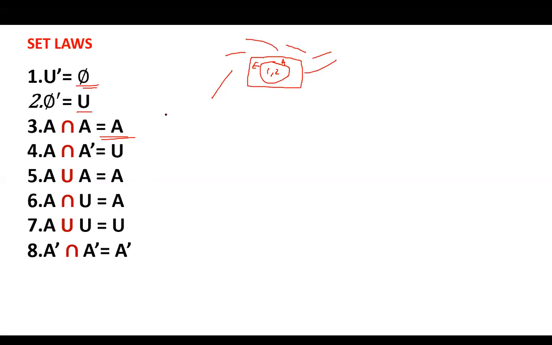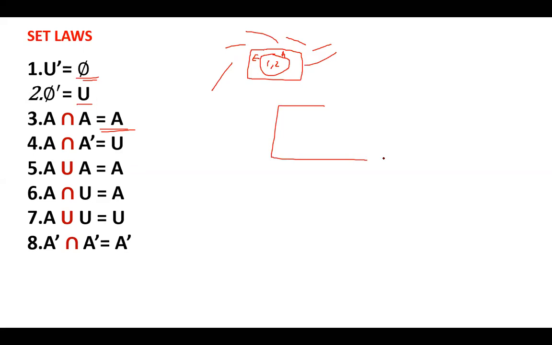How is it possible to find the universal set after finding the complement of A and the intersection of A and A complement? Look at this. This is set A, and then you have the universal set there. If this is set A, and you have elements 1 and 2, and then you have, for instance, 3 this side, then they tell you to find A intersection A complement.